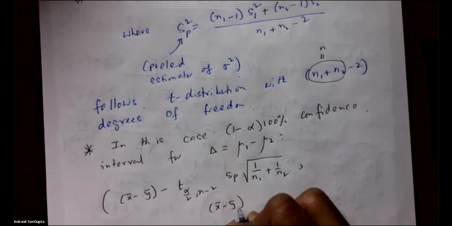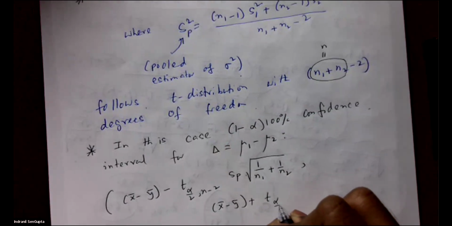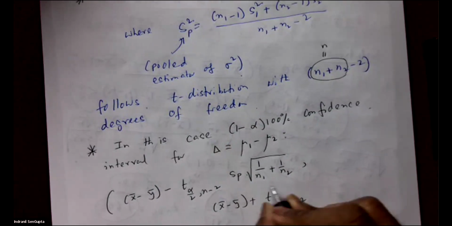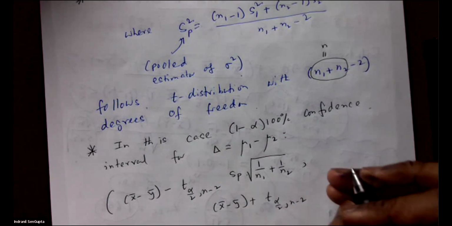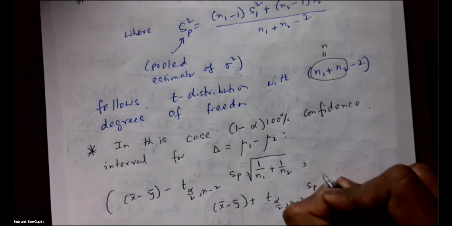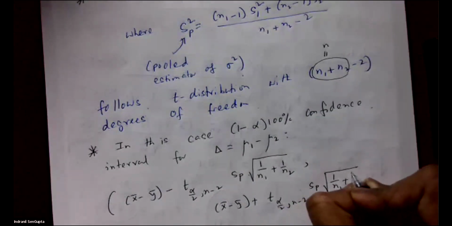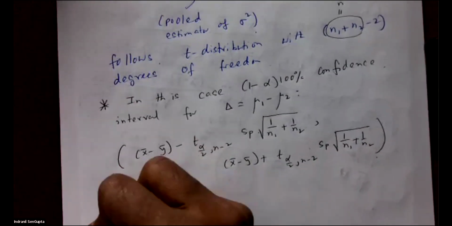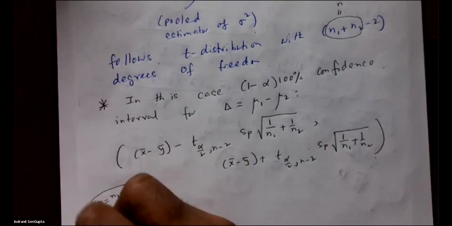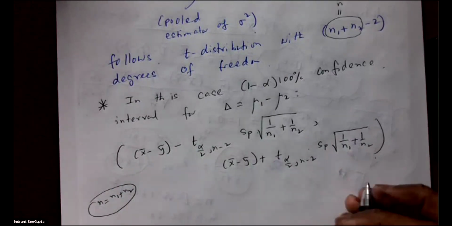So it's X bar minus Y bar plus t of alpha over 2 comma n minus 2, times SP times the square root of 1 over n1 plus 1 over n2. So n is again n1 plus n2.